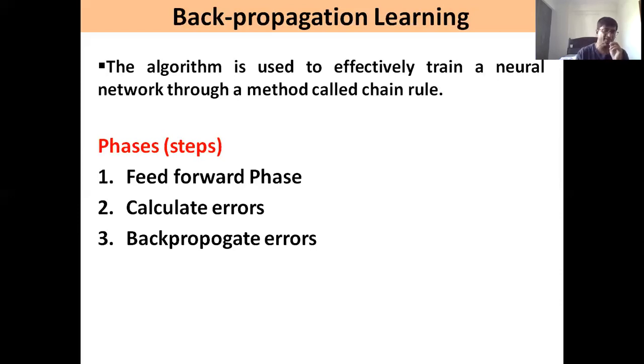So the thing is, once the error is calculated, that means we have not been able to learn what was expected. So we would start backpropagating those errors back through the network, first updating the weights between the hidden and the output layer. Then, if there are more than one hidden layers, the weights between the hidden layers.